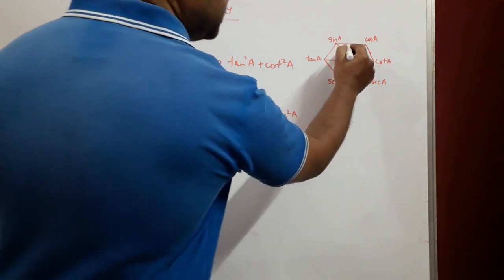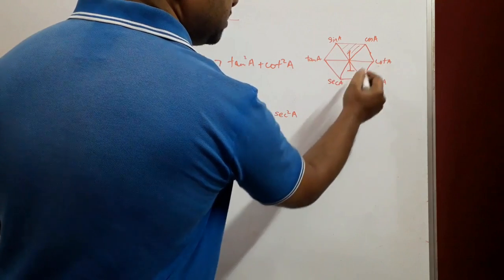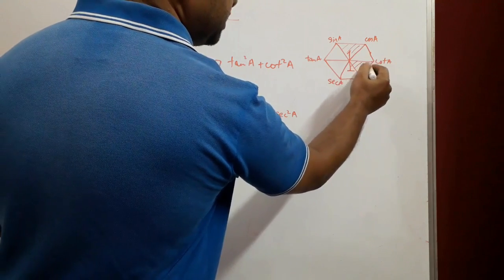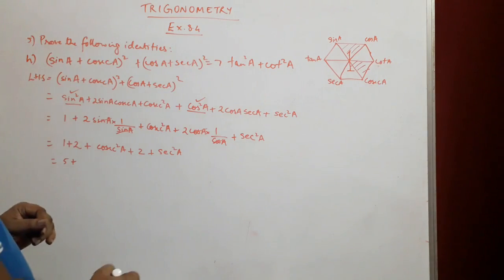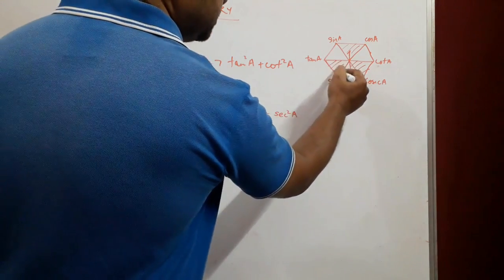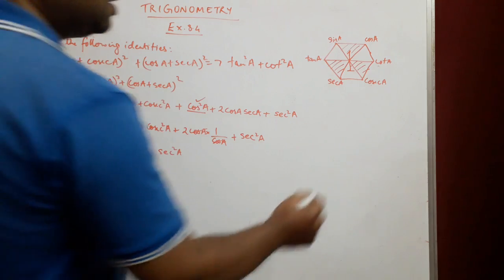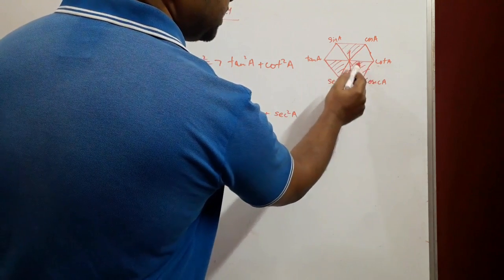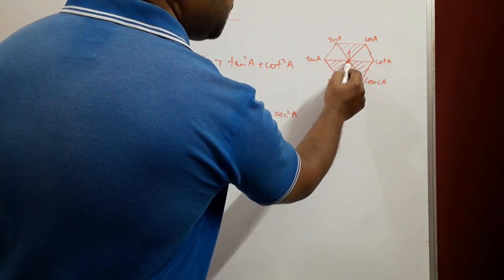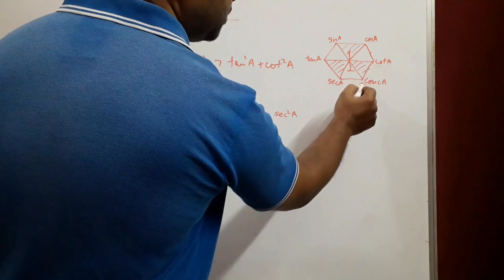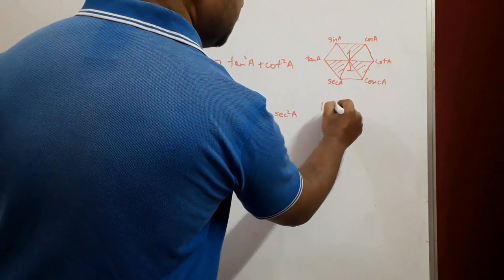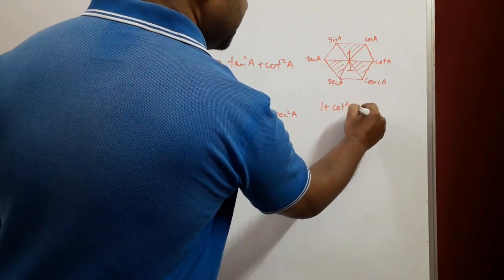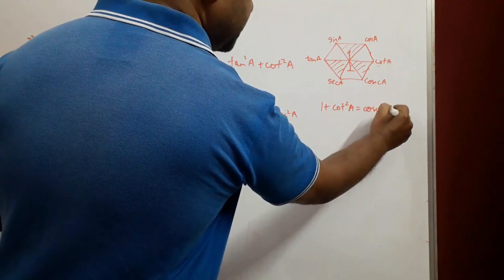Now we'll focus on this triangle. In this triangle we get 1 plus cot square A equal to cosec square A.